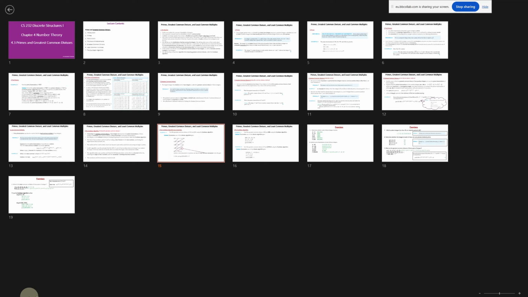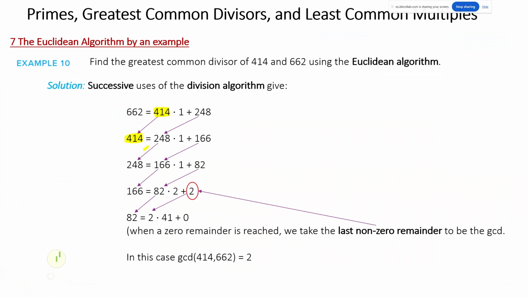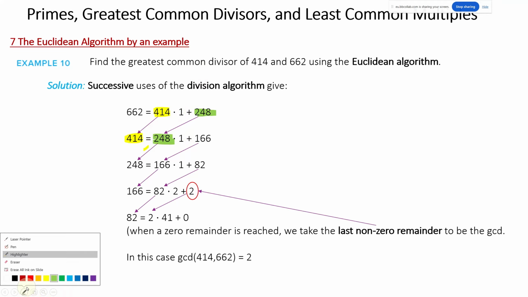Let me change the color again. This is the remainder, and this is the one I'm now dividing by. Now I need a third color.